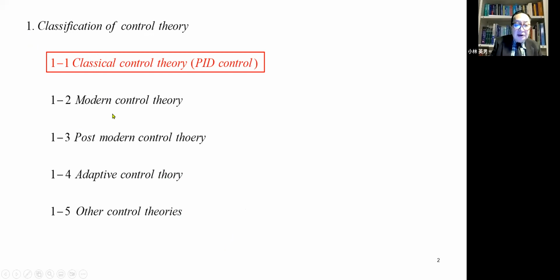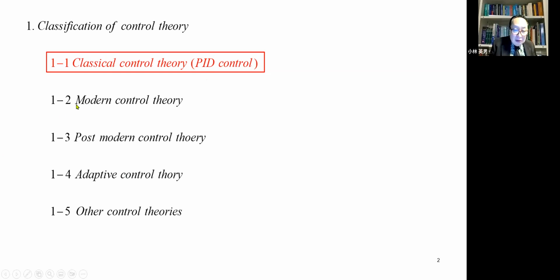We have several kinds of control theory. The most basic control theory is 101, classical control theory. This is also called PID control. P means proportional, I means integration, D means differentiation.